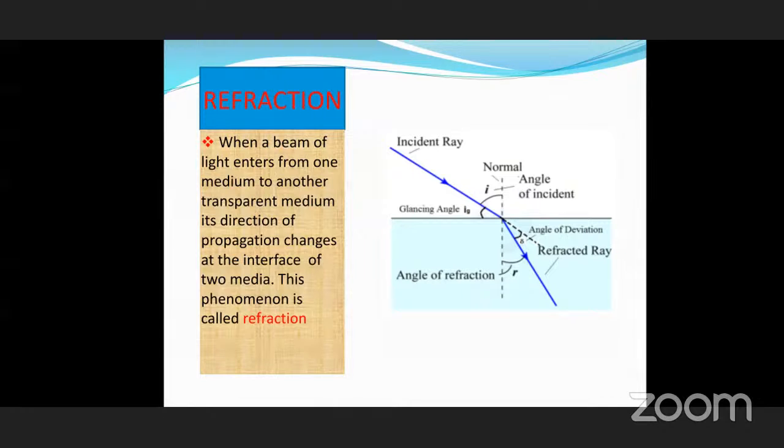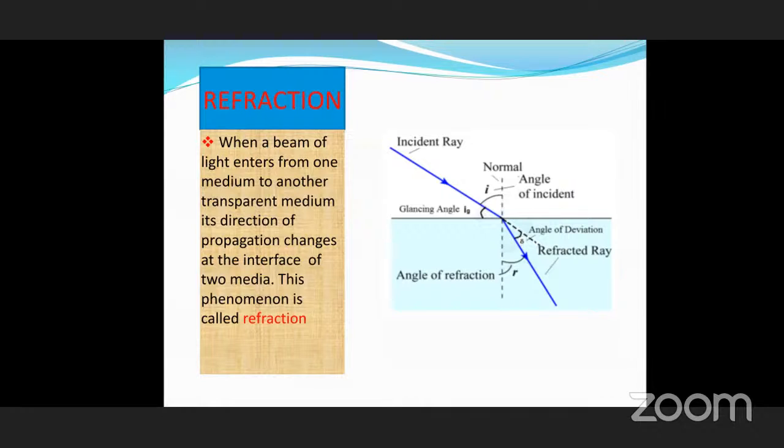Not all media can allow refraction. Some media cannot refract, only reflection takes place. But if it is transparent like water, oil, glass, that type of medium, only then refraction takes place. Air is also one of the media you can consider.